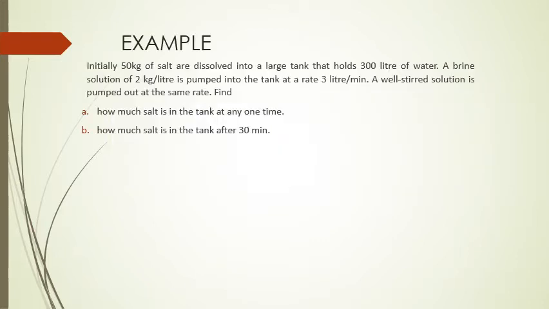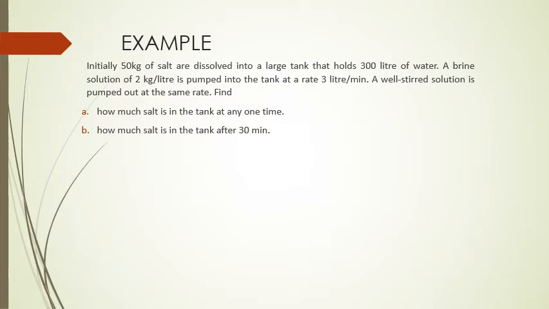Example. Initially 50 kilograms of salt are dissolved into a large tank that holds 100 liters of water. A brine solution of 2 kilograms per liter is pumped into the tank at a rate of 3 liters per minute.